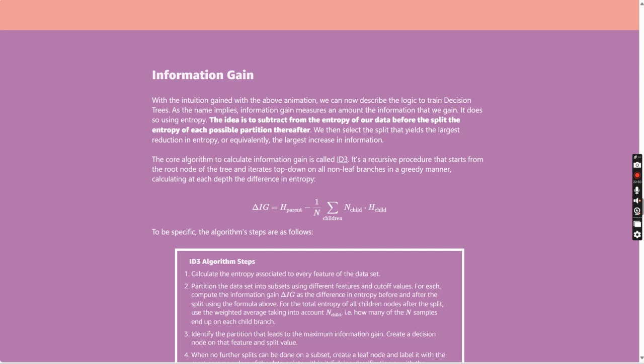What we are essentially saying is we are gaining information as we are decreasing the entropy. As we approach pure splits, we decrease the entropy and gain information about our data.